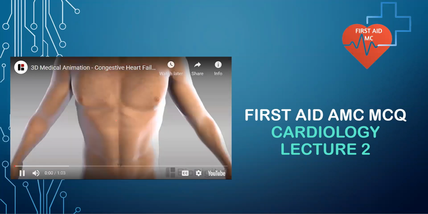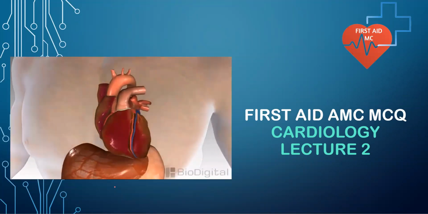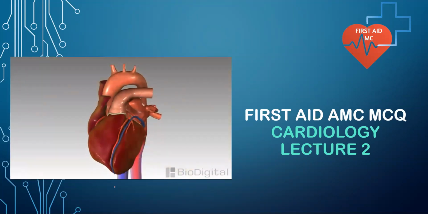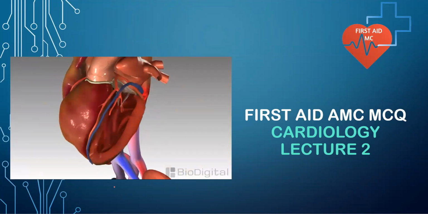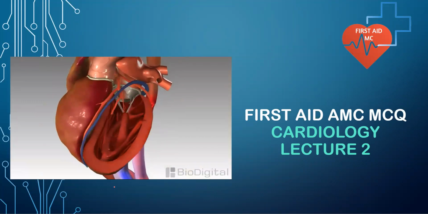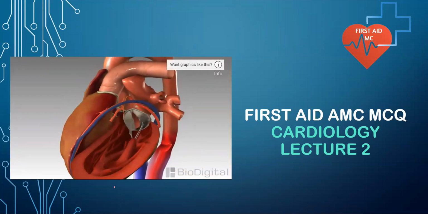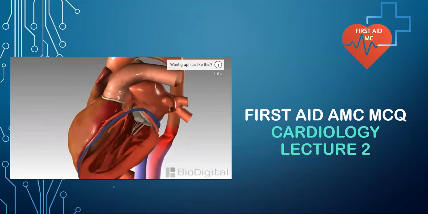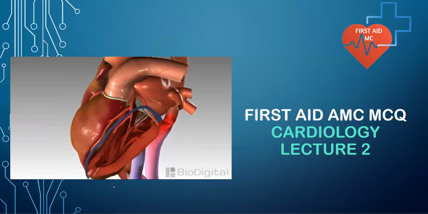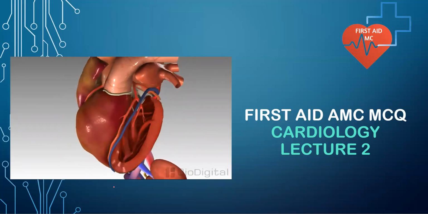Okay. A healthy heart, as seen here, beats approximately 60 to 100 times a minute, providing oxygen-rich blood to the rest of the body. The lower left chamber of the heart, called the left ventricle, is the main pumping chamber. There are many different conditions that can lead to congestive heart failure, including a prior heart attack, high blood pressure, and coronary artery disease. Any of these can prevent the heart from efficiently pumping blood to the rest of the body.